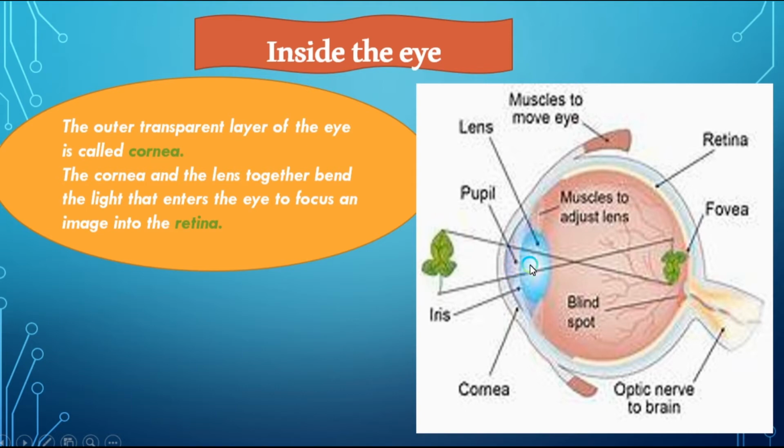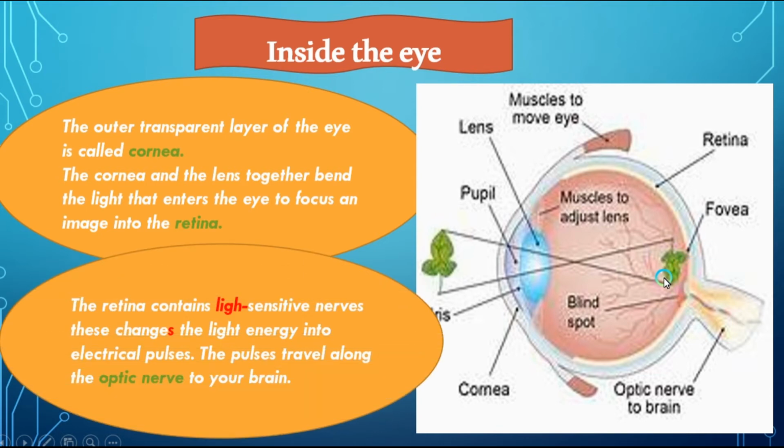The cornea and the lens together bend the light that enters the eye to focus the image on the retina. The image will be upside down.